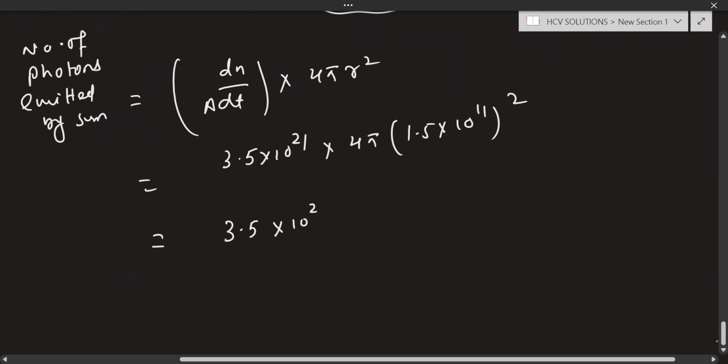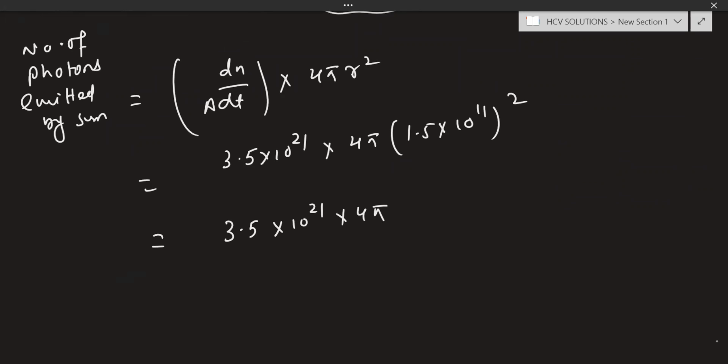How the calculation is done is very important. 1.5 squared is 2.25, and 10 to the power 11 whole squared is 10 to the power 22.